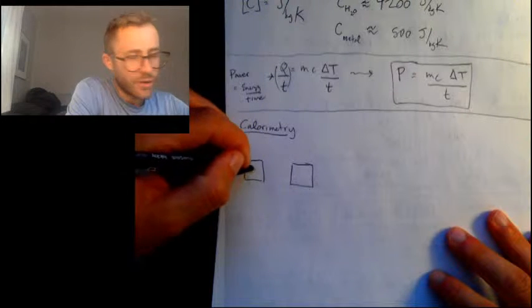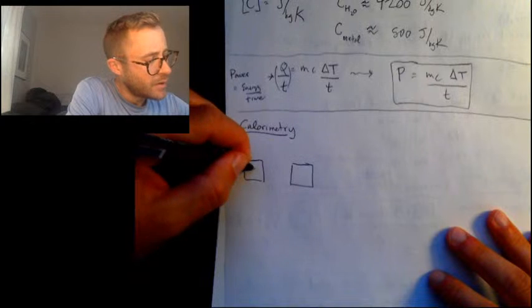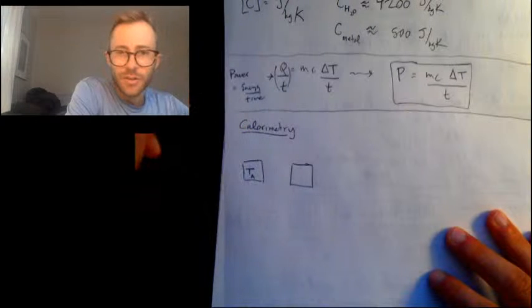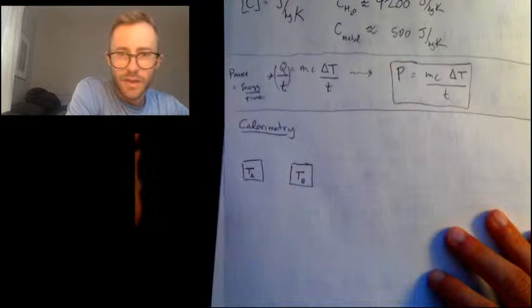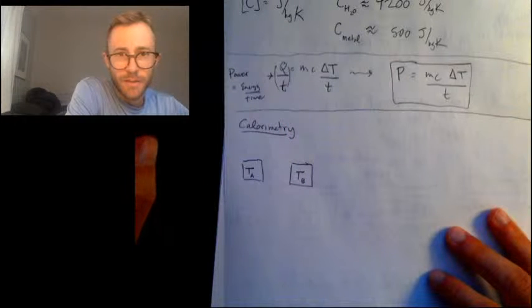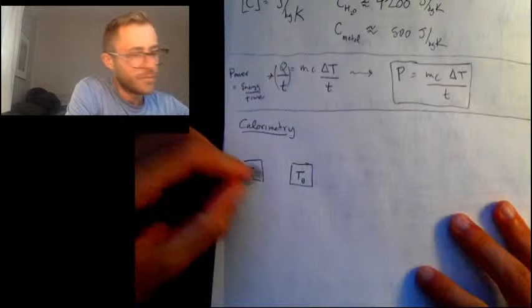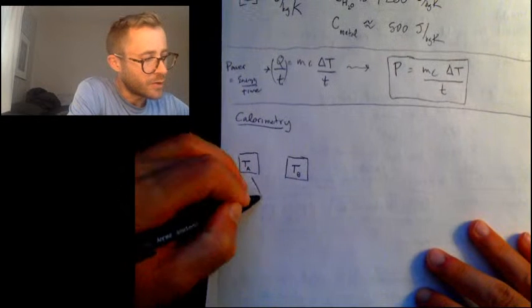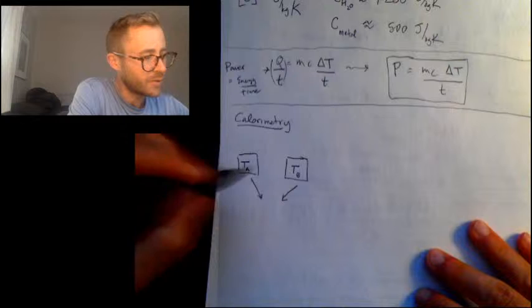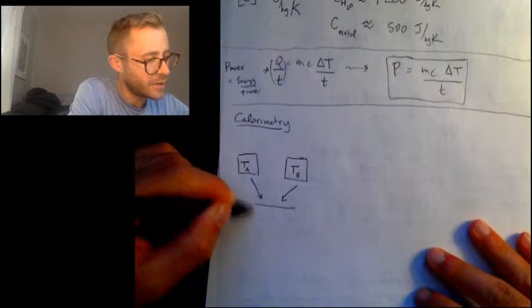Object A has a certain initial temperature. Object B has a certain initial temperature. They are brought into thermal contact. Thermal contact means they are allowed to exchange heat.